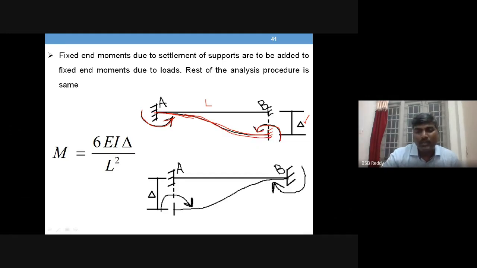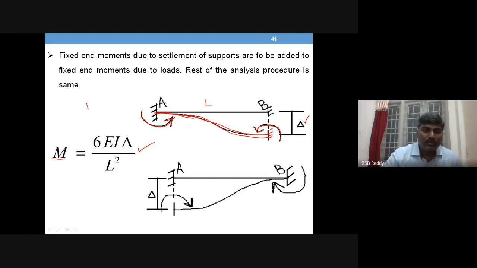The reason is that the anti-clockwise moment will satisfy theta A 0 and theta B 0. To develop such a condition, you have to have the anti-clockwise moments, the value being 6 EI delta by L square. That is the moment value developed.